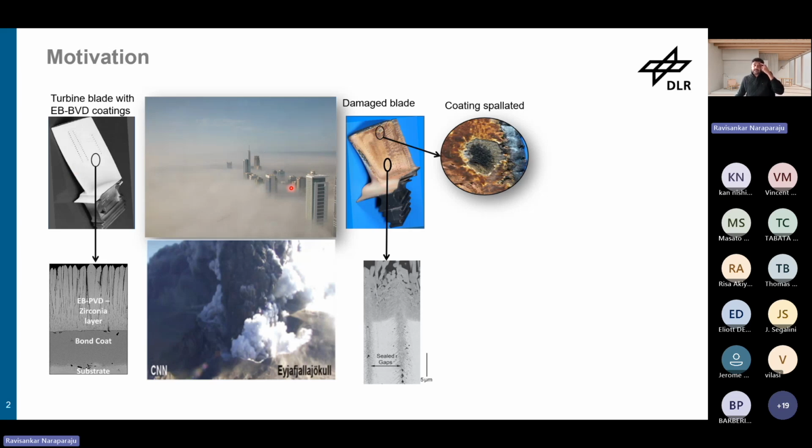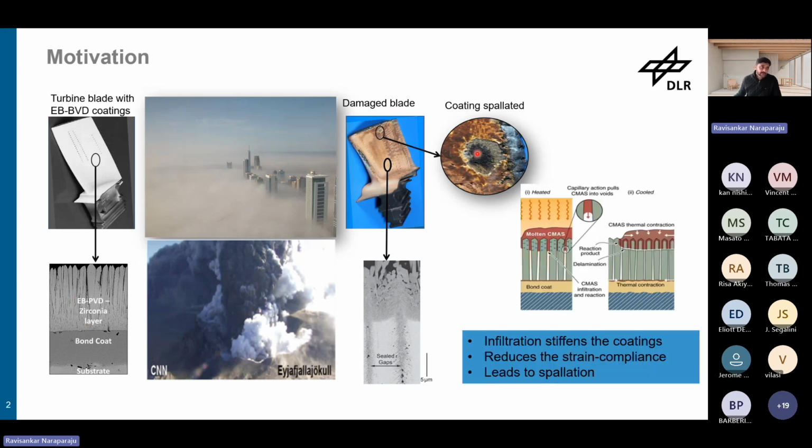We call it CMAS because it is made of calcium oxide, magnesium oxide, aluminum oxide, and silicon oxide as major constituents. After operation, your TBC will be contaminated with molten CMAS, which infiltrates the open porosity of the EB-PVD columns, and then stiffness increases and it leads to spallation.